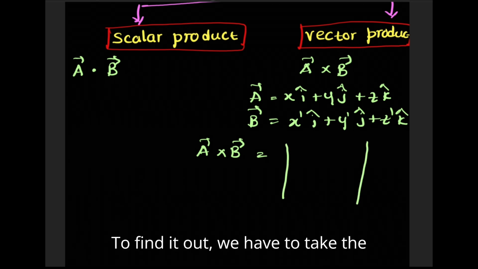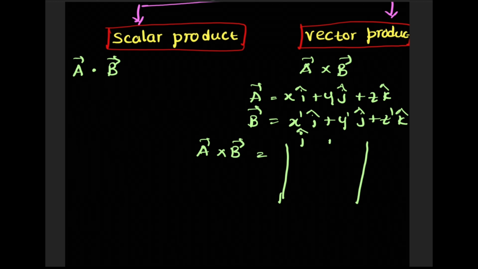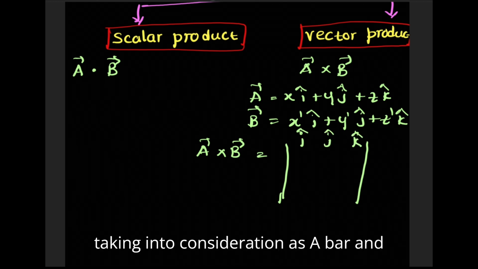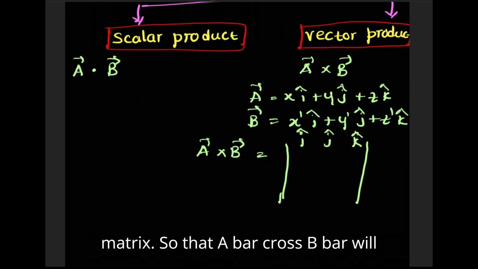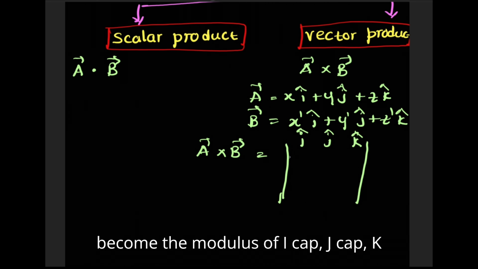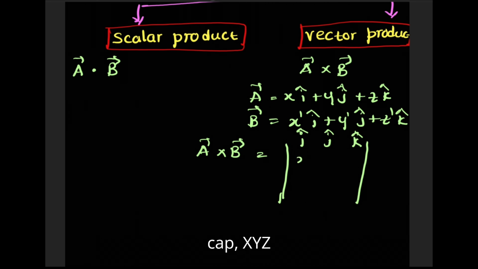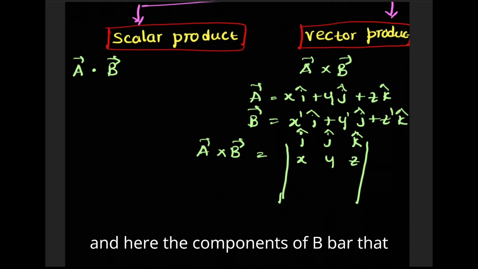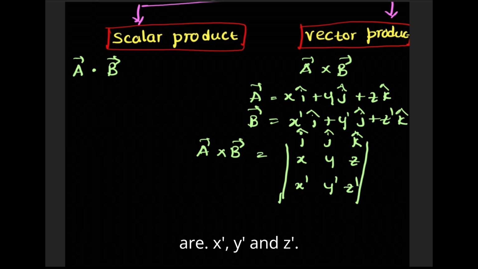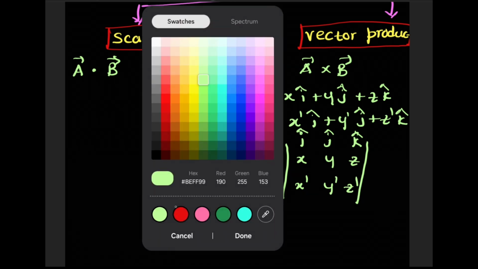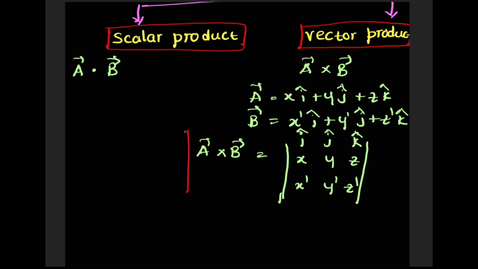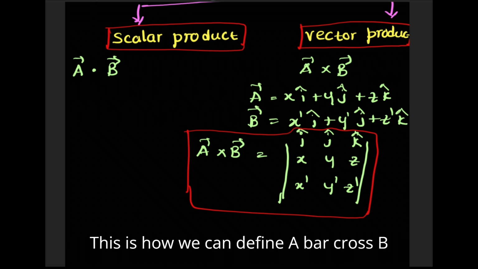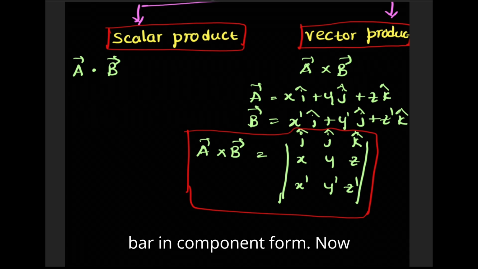To find it out, we take the determinant of a 3 by 3 matrix, so that a bar cross b bar will become the determinant of i cap j cap k cap, x y z, and here the components of b bar, that are x prime, y prime and z prime. This is how we can define a bar cross b bar in component form.